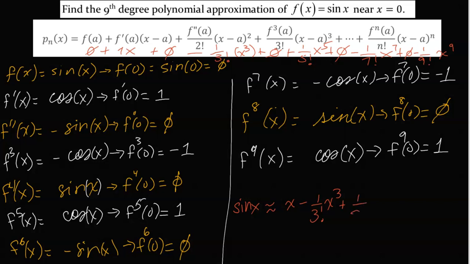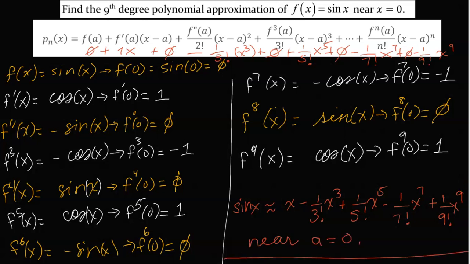Plus 1 over 5 factorial x to the 5th minus 1 over 7 factorial x to the 7th plus 1 over 9 factorial x to the 9th near the value a equal to 0. Okay, so near 0, we can use this 9th degree polynomial to approximate the value of sine of x.